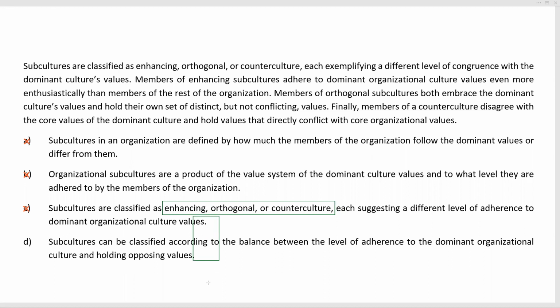There's very little, half a word of difference, but in that, D actually covers one very important aspect, and that is differing from the dominant organizational culture, or as this option tells us, holding opposing views, which is very relevant to counterculture. So we find that by comparison, C is inferior, D is the better choice. So we can qualify D. That is the correct answer.